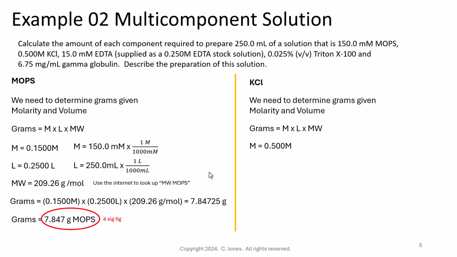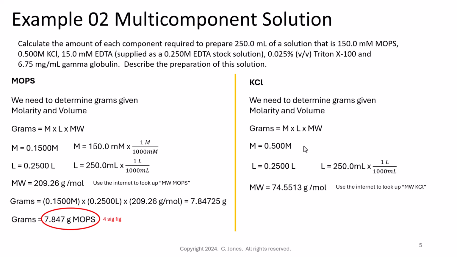The concentration of KCl is given to us directly as 0.500 molar, so we do not need to do any conversion here. We still have the same volume, so we need to convert the milliliters into liters. And again, we can use the internet to look up the molecular weight of potassium chloride, KCl.